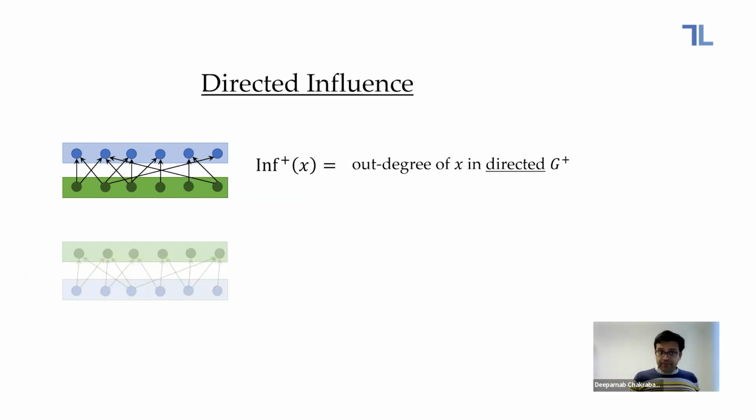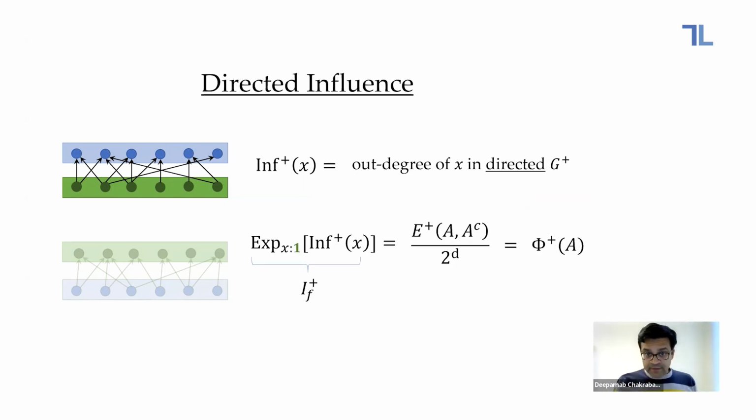And now we're going to talk about directed influence. With the directed influence, we are only caring about the out degree of x in the directed graph, which goes from top to bottom. And so we are only looking at edges that go from green to blue. Similarly, we can define the average influence, which is going to be called I_F plus, the directed average sensitivity.